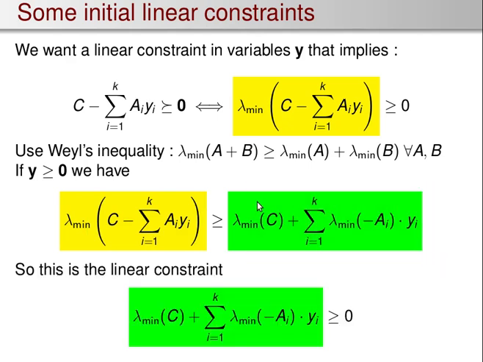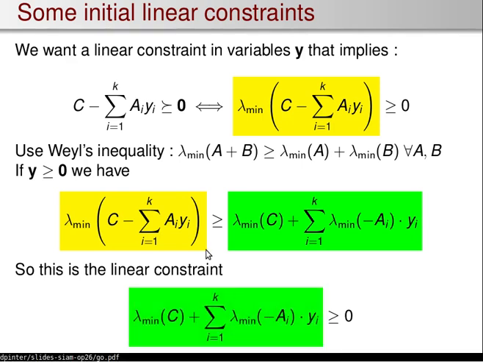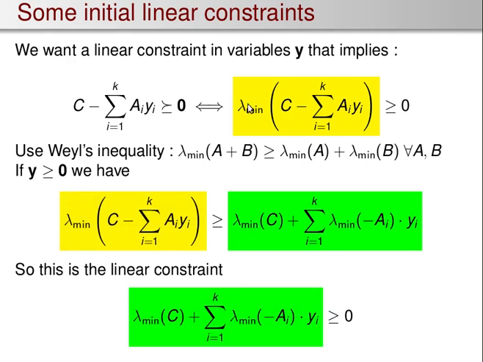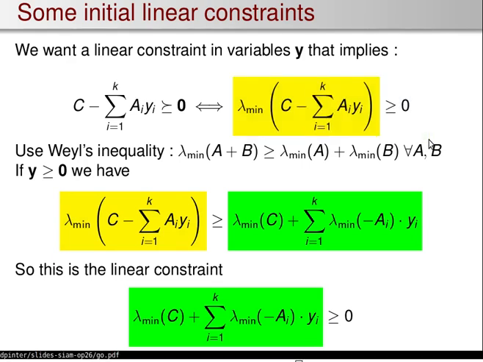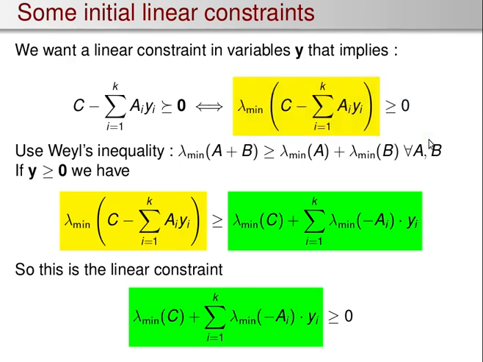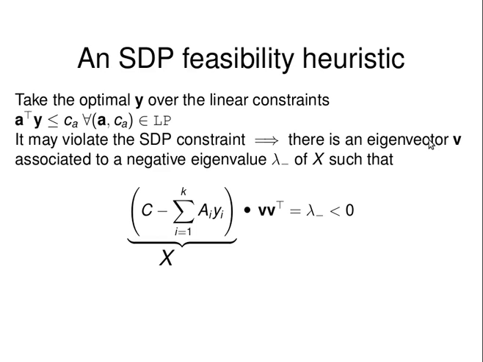So this is the final linear constraint I can safely insert in my SDP program. Why? If this guy is positive, since this yellow guy is even bigger, this will surely certify me that this relation is satisfied, which means y is feasible with relation to the SDP constraint.